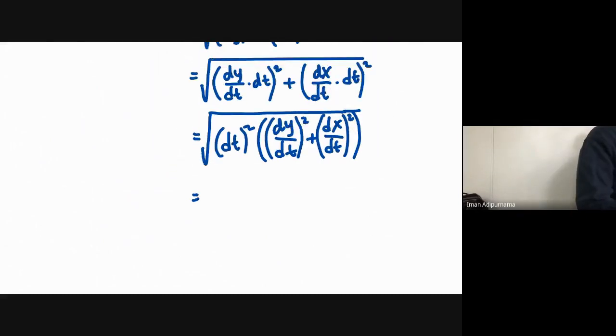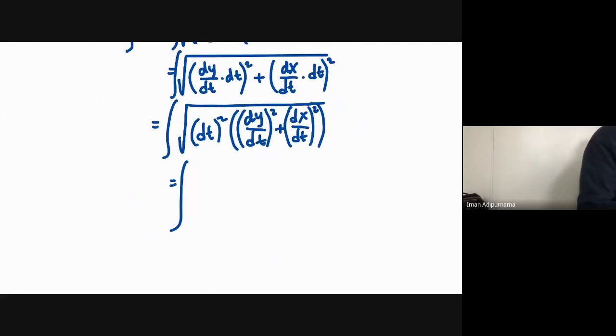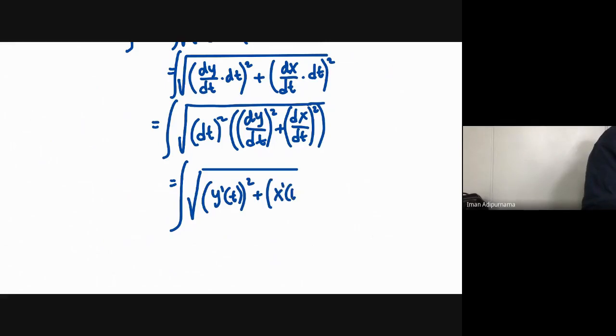Let me write this as an integral, so you can see the form directly. I will write dy over dt as y prime to simplify. So the integral of the square root of y prime of t squared plus x prime of t squared, dt. And we can write this from t1 until t2.